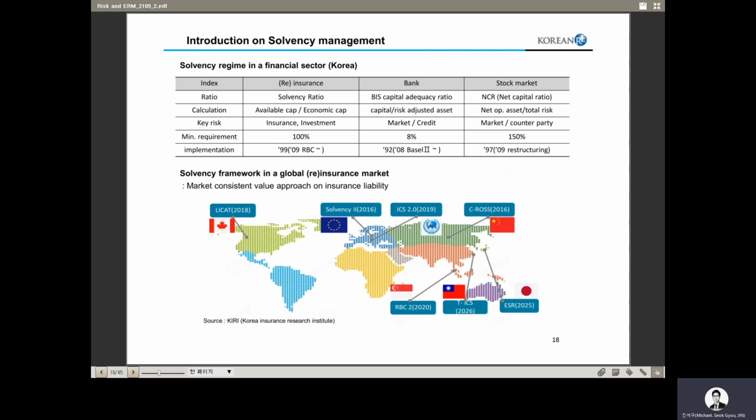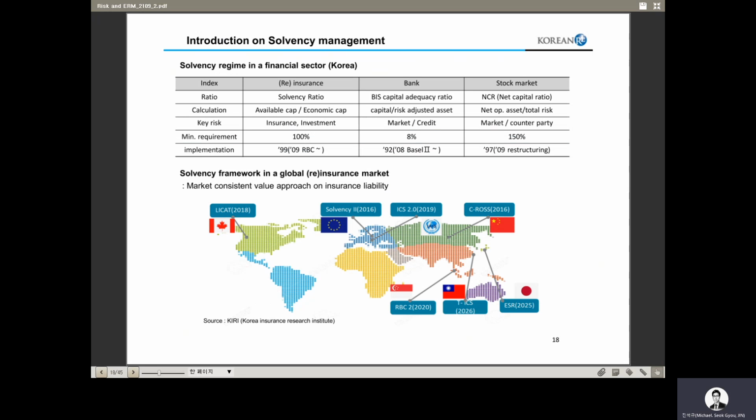One thing we have to remind here is that in the reinsurance industry, there are very diverse and different regulations among countries and regulators, as shown below. But the market consistent value approach shown in insurance liability is a trend for now.